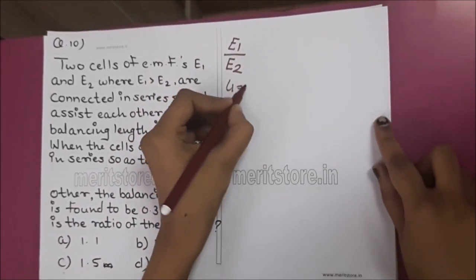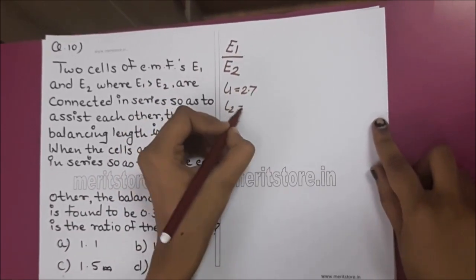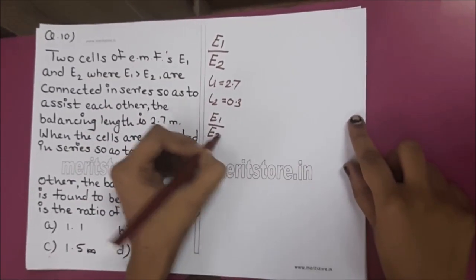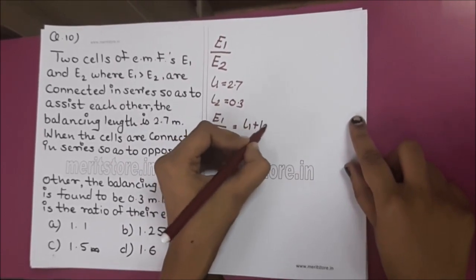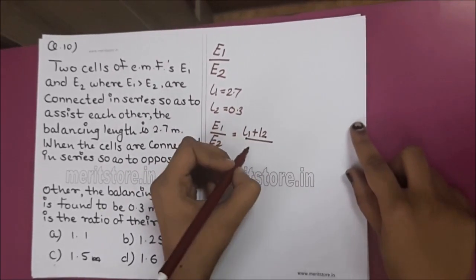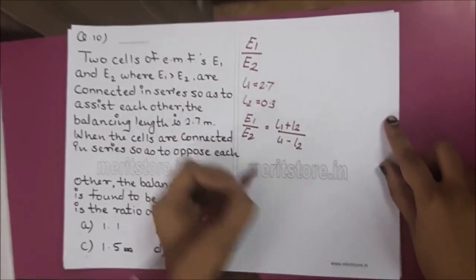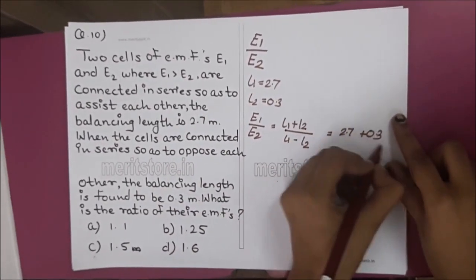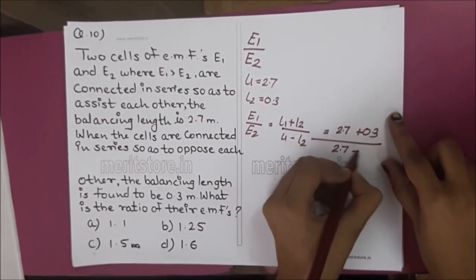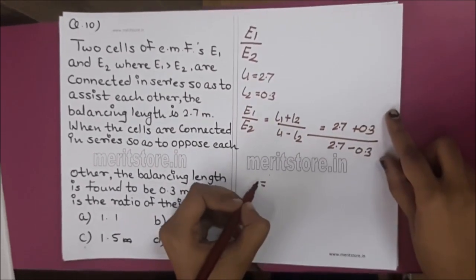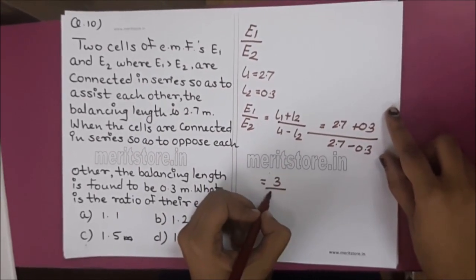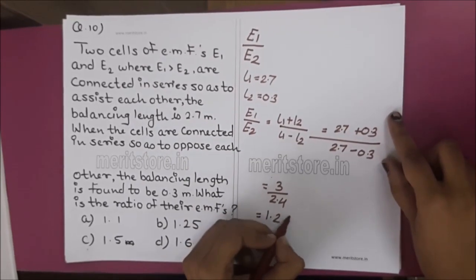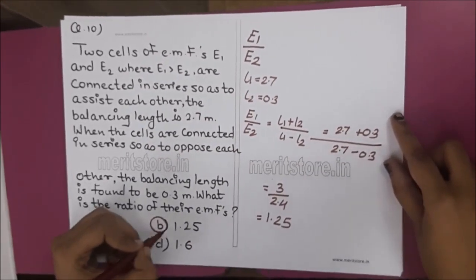We will use the formula E1 by E2 is equal to L1 plus L2 upon L1 minus L2, which is equal to 2.7 plus 0.3 upon 2.7 minus 0.3. When you solve this, you get 3 upon 2.4, which boils down to 1.25. Option B is the correct option.